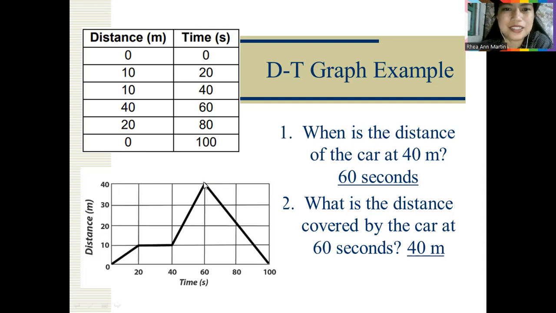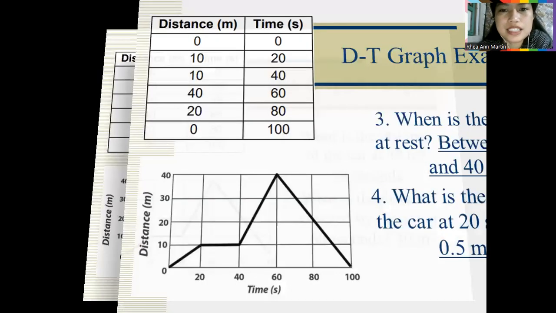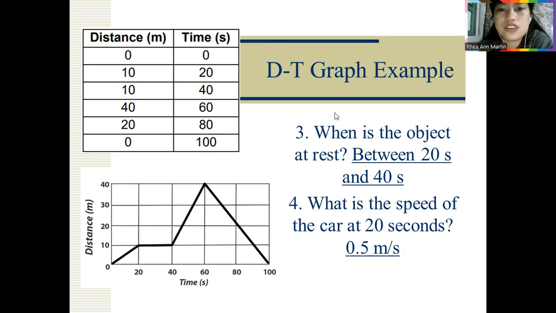I hope you got it. Let's proceed. When is the object at rest? We're looking for a horizontal line. This is the horizontal line. Since we're asking for the time, it is between 20 seconds and 40 seconds.